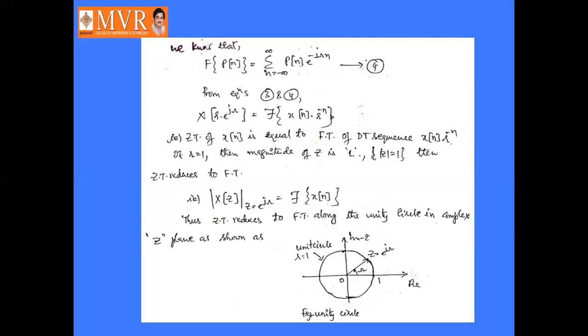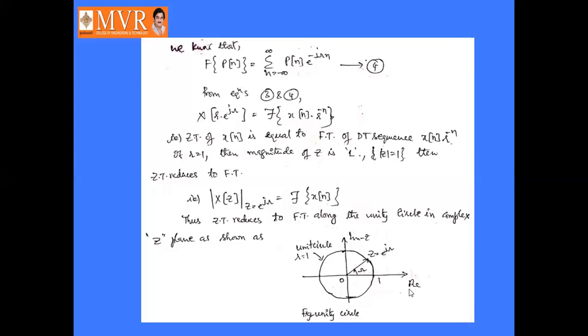So the Z transform at z equal to e power j omega is nothing but the Fourier transform of the discrete time signal, that is the Fourier transform of x of n. So X of z at z equal to e power j omega is equal to the Fourier transform of x of n. Thus, the Z transform reduces to the Fourier transform along the unit circle in the complex z plane, as shown.